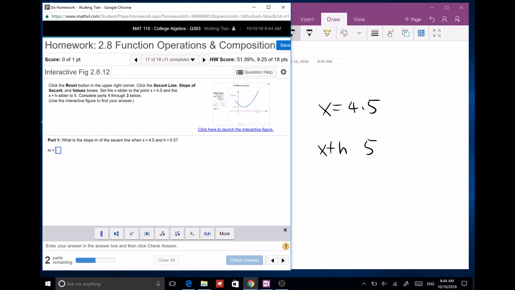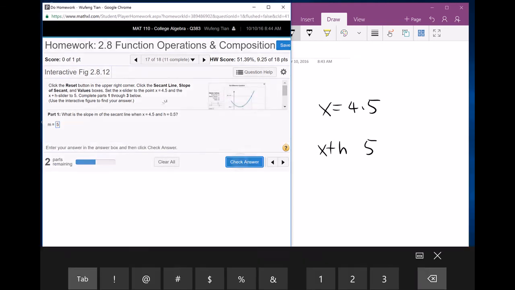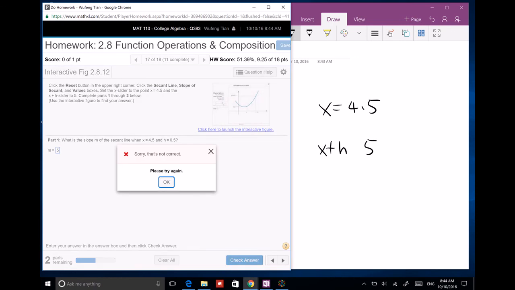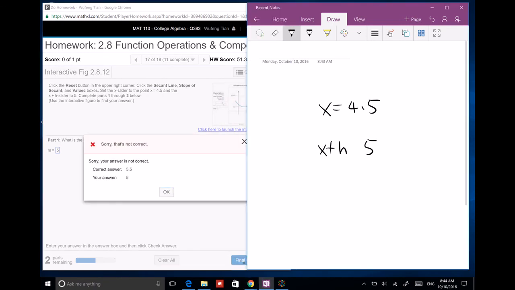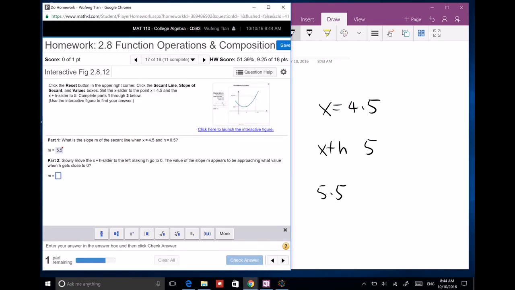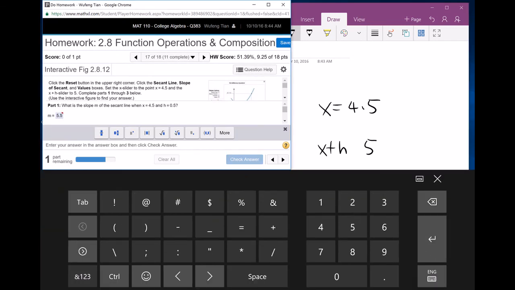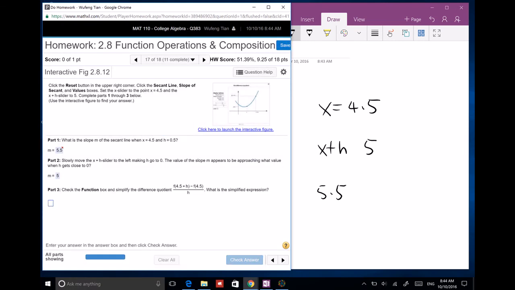So just type in a number. I really don't like this kind of question, because you just type in the answer and say, okay, the right answer is 5.5. You do another one. Oh, the other one is 5. I just guessed right.